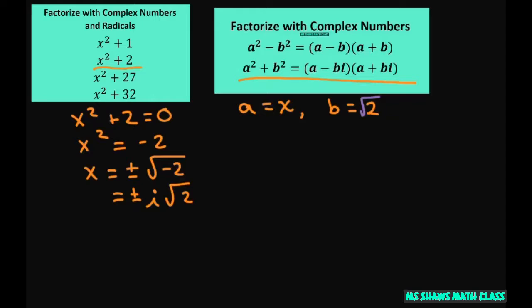So when you fill this in, you're going to get x minus i square root of 2 and x plus i square root of 2.